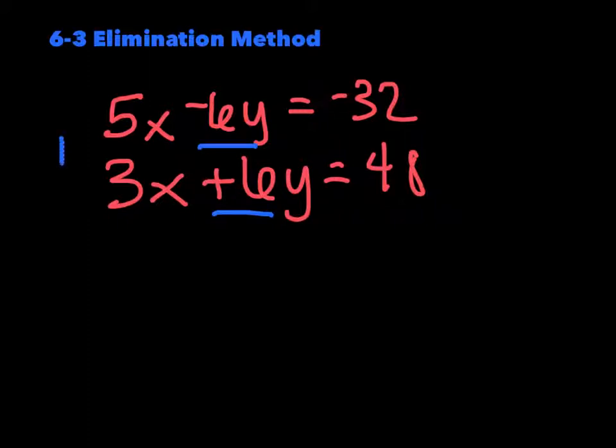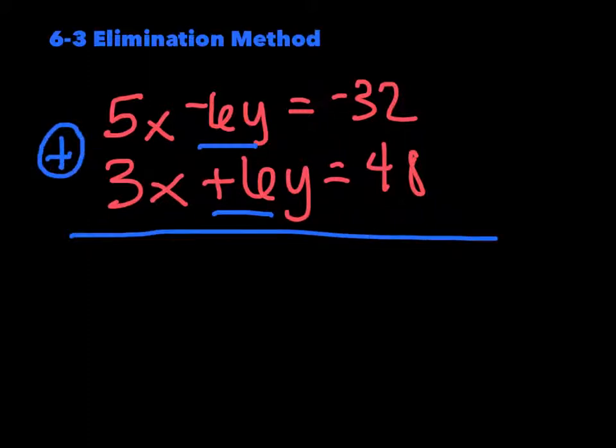So if you add both of these two equations together, you're going to just add them all. So 5x plus 3x is 8x. A -6 plus a +6 is 0, so that cancels. It eliminates. So then on the other side, you have -32 plus 48, which is 16.